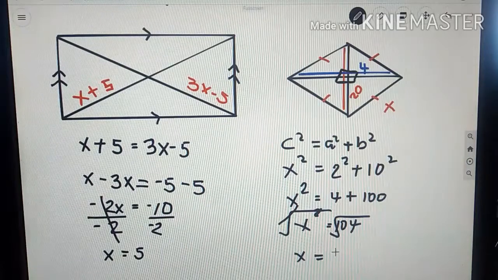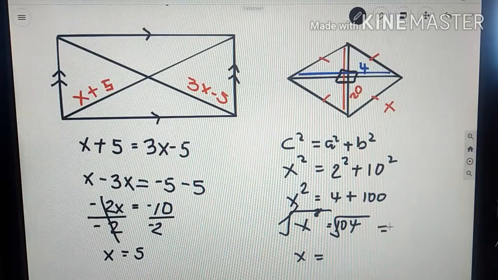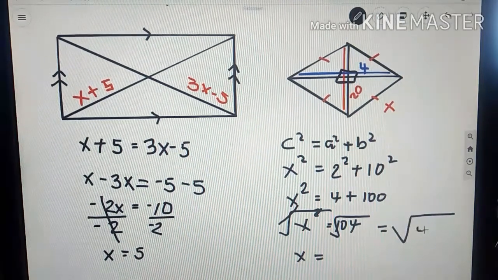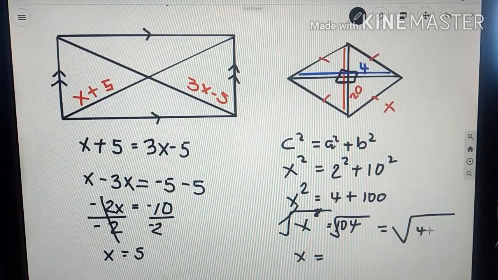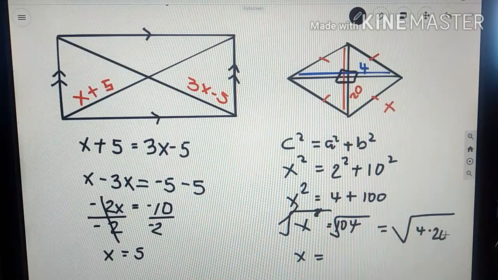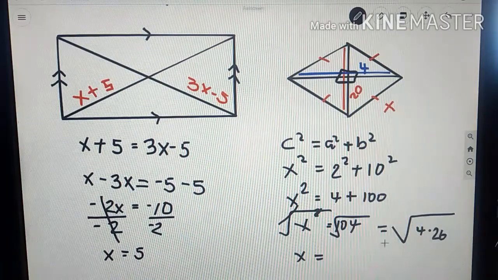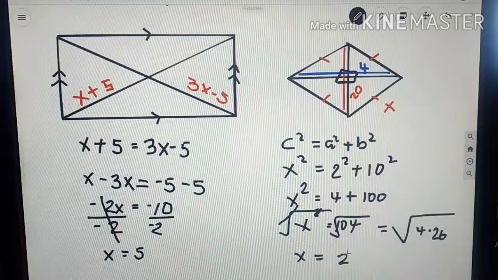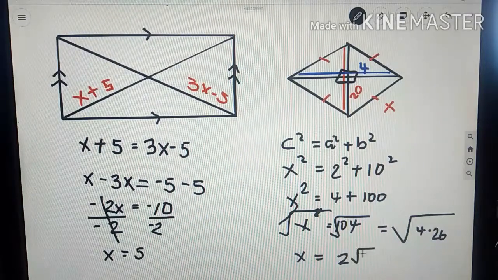We can simplify the square root of 104 as the square root of 4 times 26, or our x is, simplify, so 2 square root of 26.